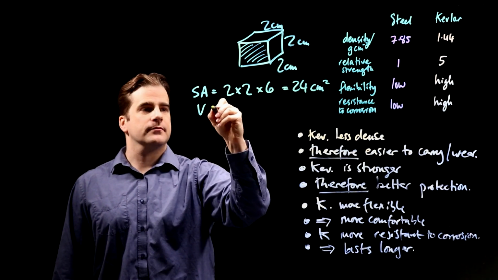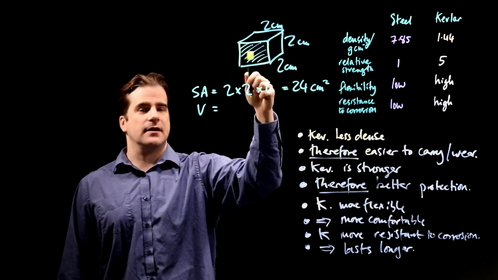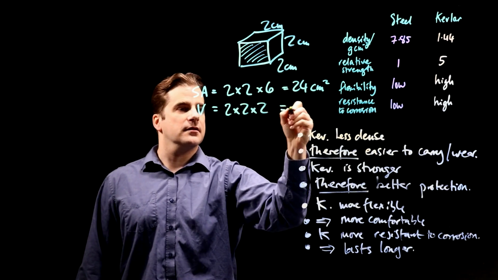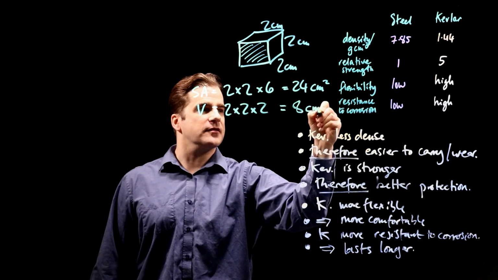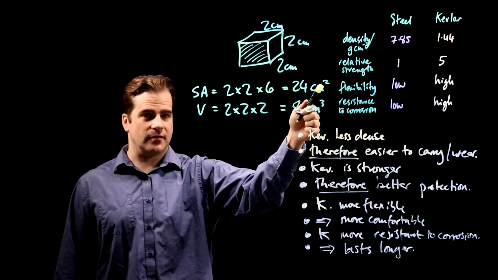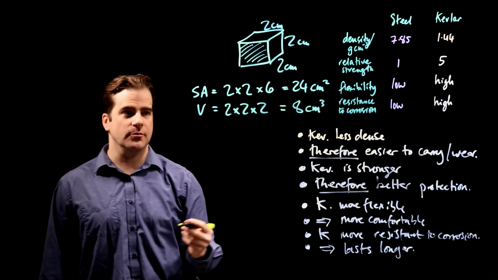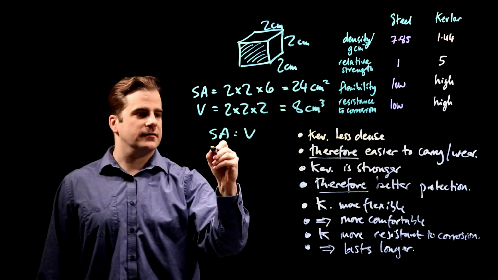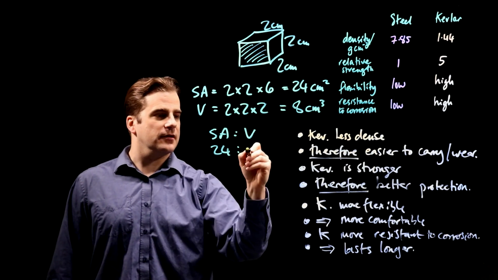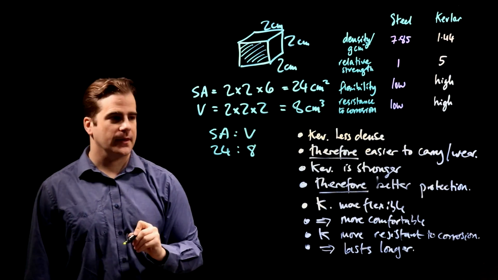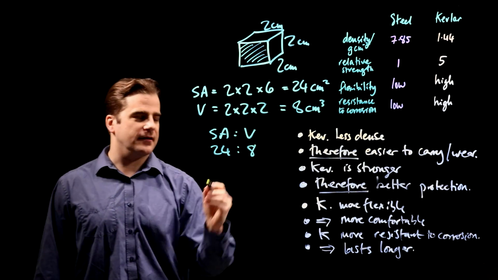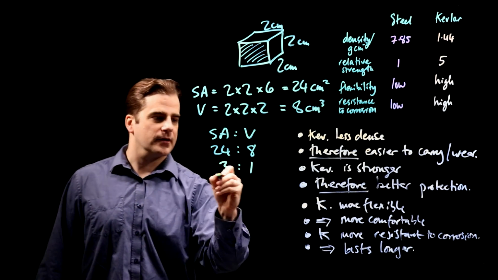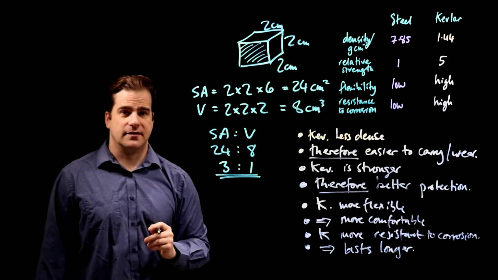The volume is simply length times breadth times height, 2 times 2 times 2, which is 8 centimeters cubed. Get the units right. Area centimeters squared, volume centimeters cubed. Okay, so the surface area to volume ratio is 24 to 8. Can we simplify it? Yes, we can. 8 goes into 24 3 times, so it's 3 to 1. There we go. Nice easy 3 marks.